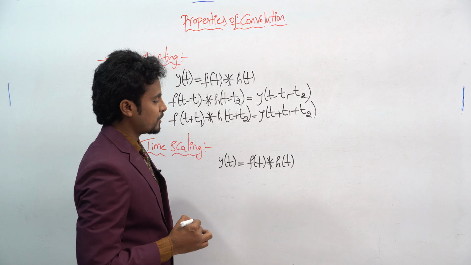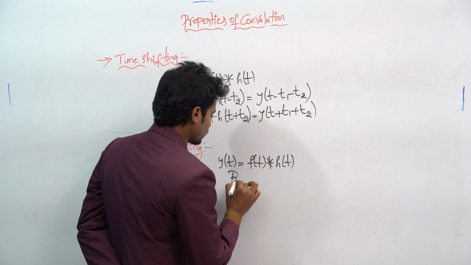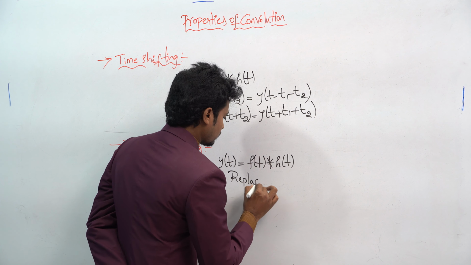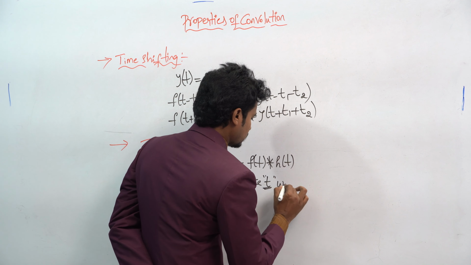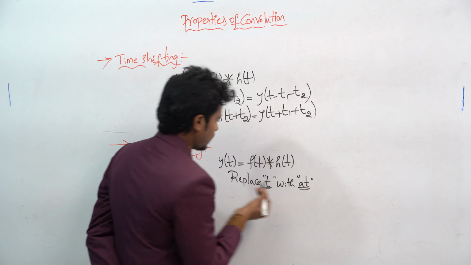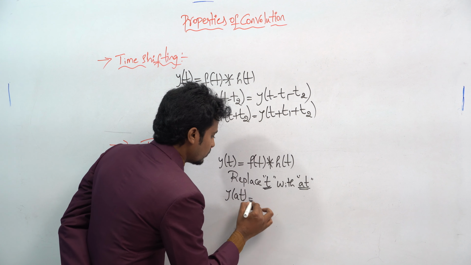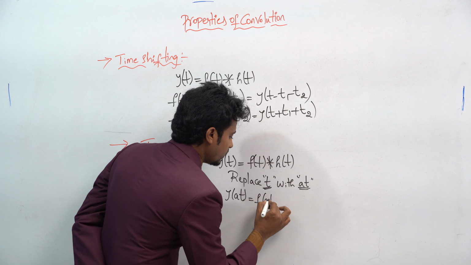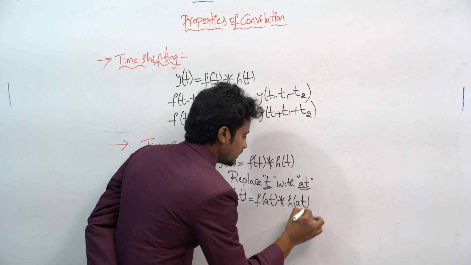Now replace t with at. Then y of at is equal to f of at convolved with h of at.